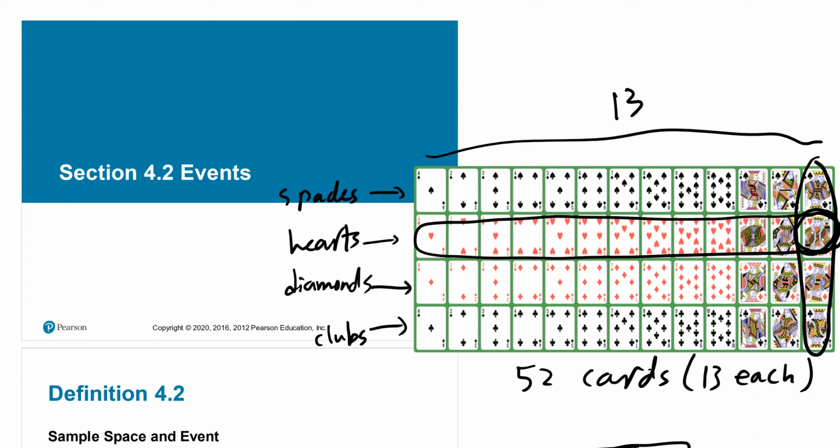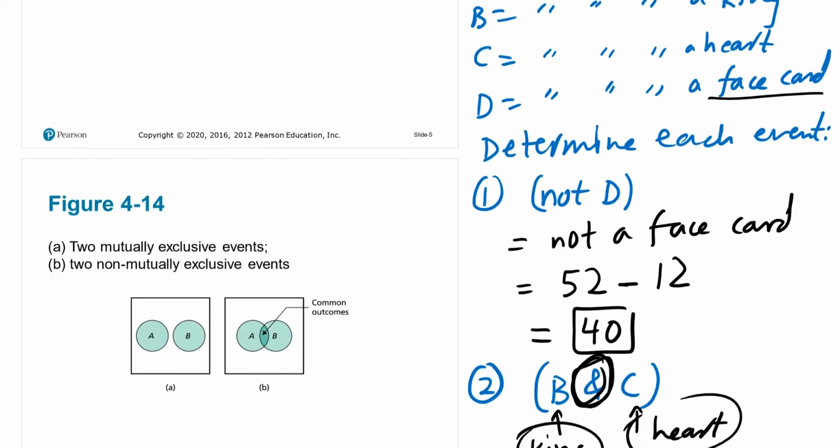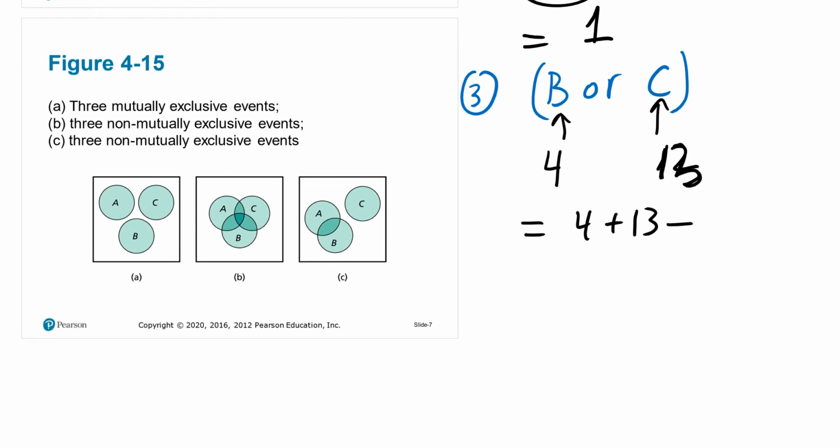When you count the 13 hearts, and then you count 4 kings, you are counting this one, the overlap, twice. You can't count it twice. You already counted it with the hearts, so you can't count it with the kings. That's why you write 4 plus 13, but you minus that overlapping king. So that gives only 16, not 17. If that is okay with you guys.